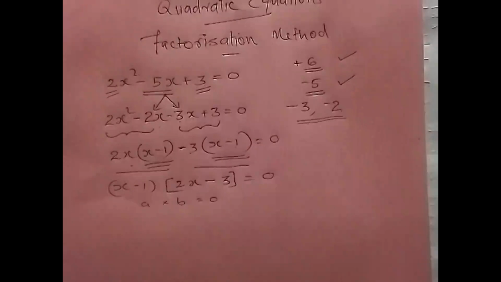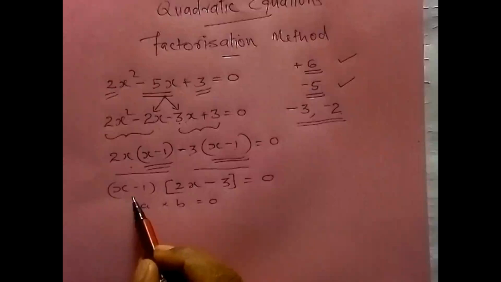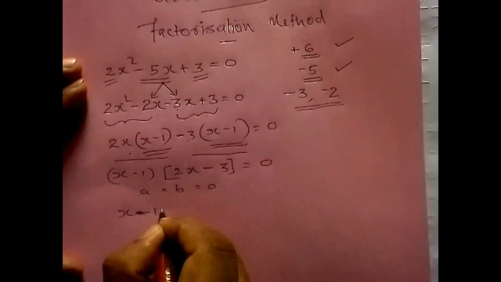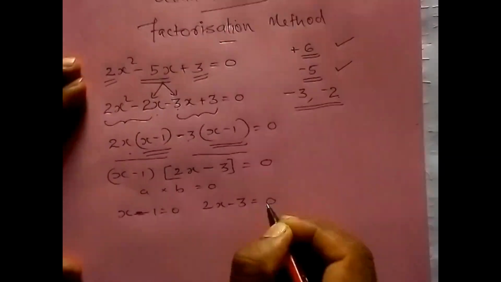You know that when a into b equal to 0, either a should be 0 or b should be 0. It cannot be possible that both the numbers are non-zero and the product is 0. So either x minus 1 should be equal to 0 or 2x minus 3 equal to 0.